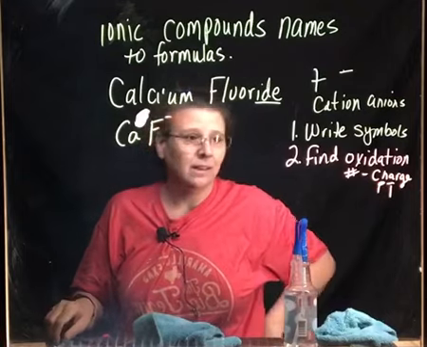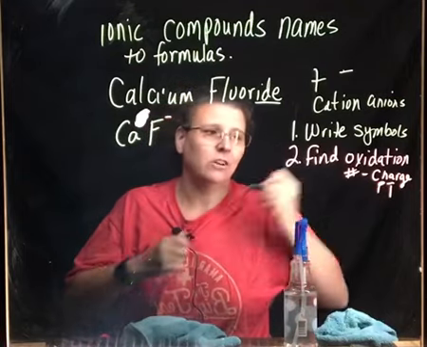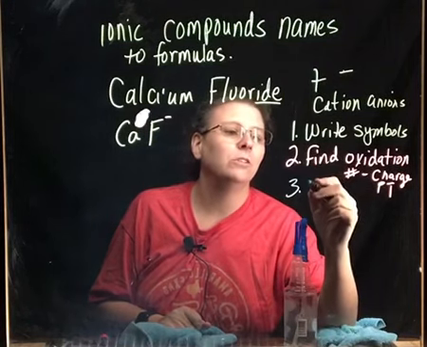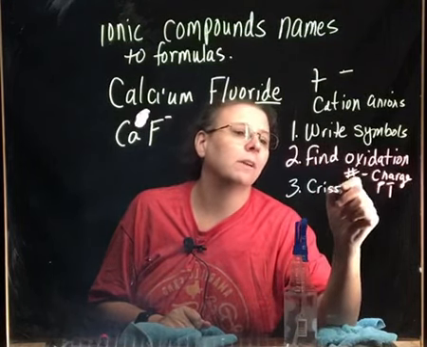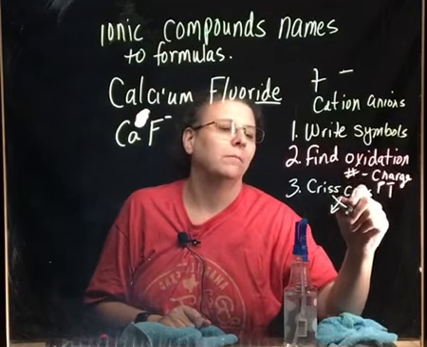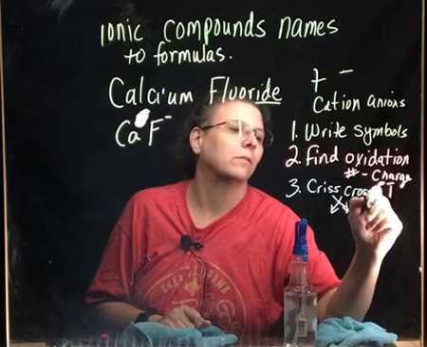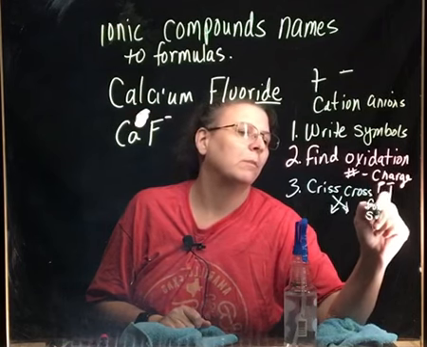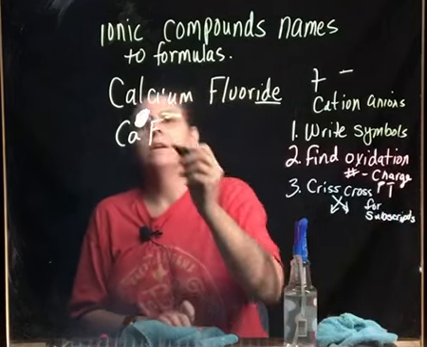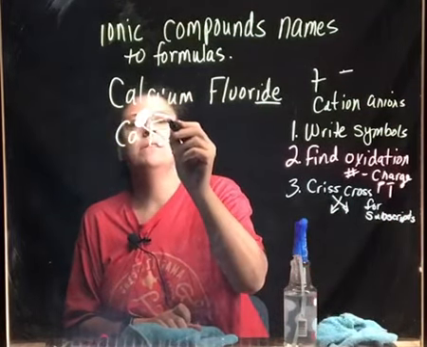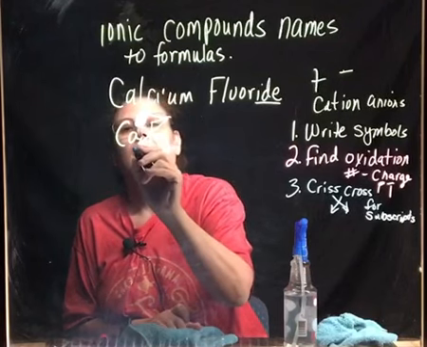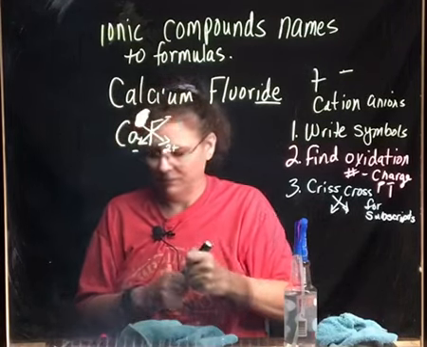After we find our charges, just like what we did right before Thanksgiving, we are going to use the crisscross method for subscripts. And remember, subscripts go below. So we're going to take this, drop it down, take this, drop it down. We get a 2 plus, and we get a minus.